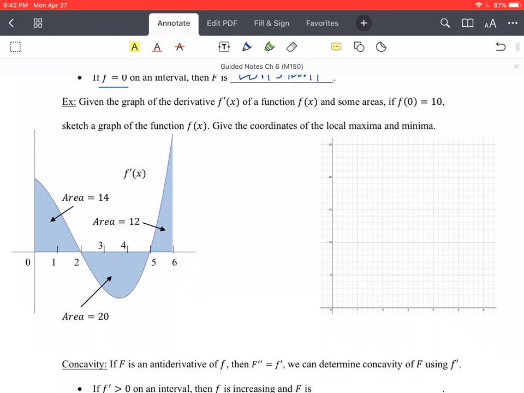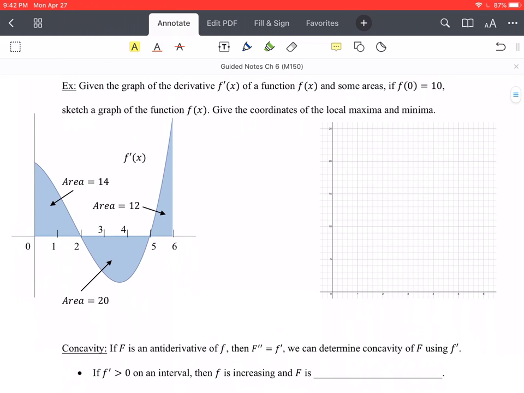So typically, if we go back to chapters like 2, 3, 4, we were looking at an original graph and then plotting its slopes to get the derivative. Well, now we're going backwards because this function is the derivative function, and we're trying to figure out what the original looks like.